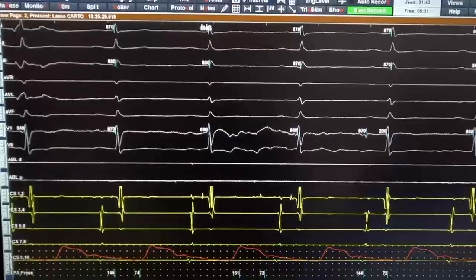This is another example of far field and near field potentials. This time, the decapolar catheter was placed in the superior part of the tricuspid annulus.